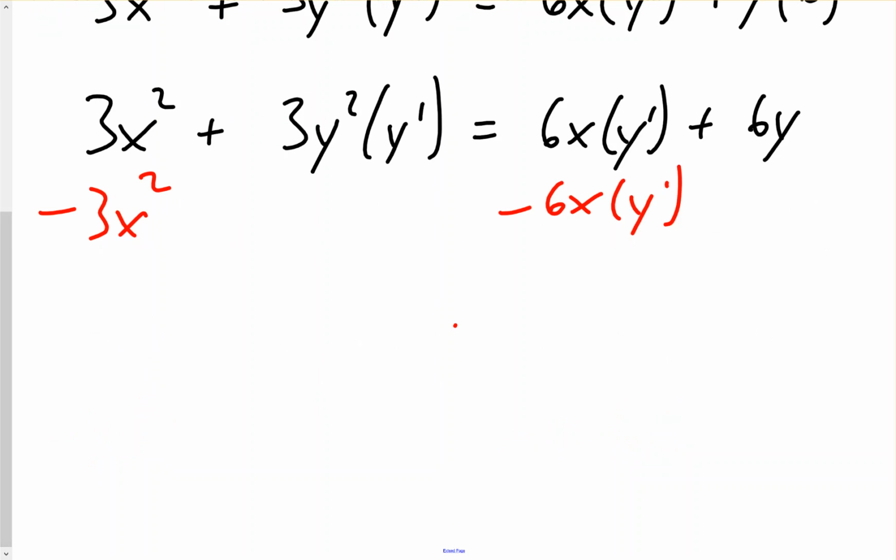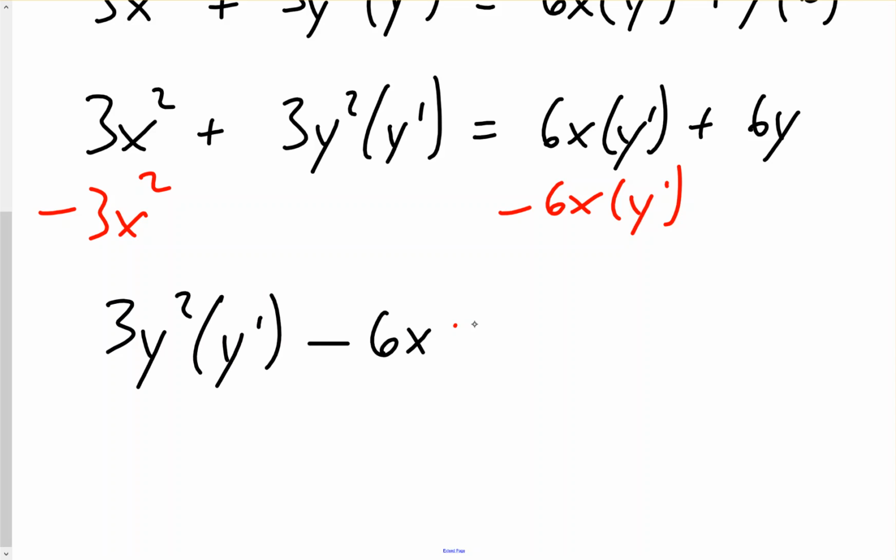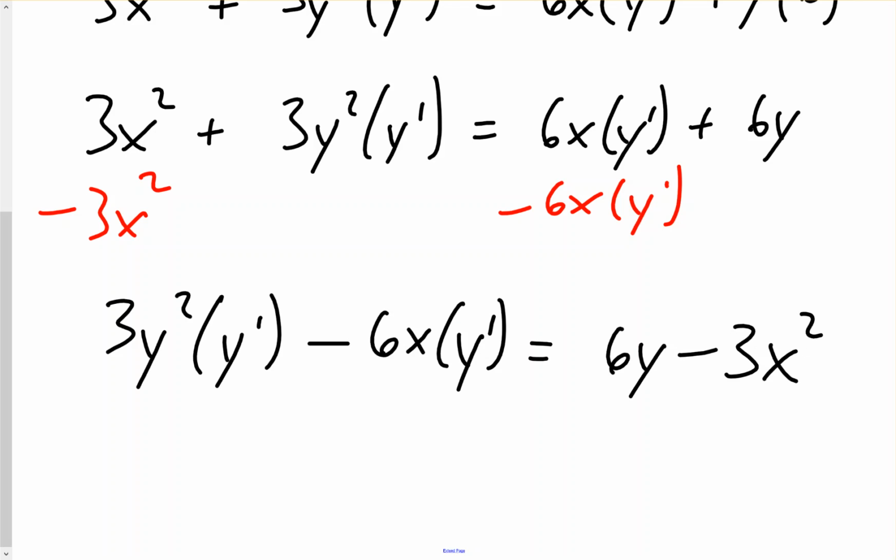So that means next we have 3y squared y prime minus 6x y prime equals 6y minus 3x squared. So what do we do now? We factor out the y prime from the left.